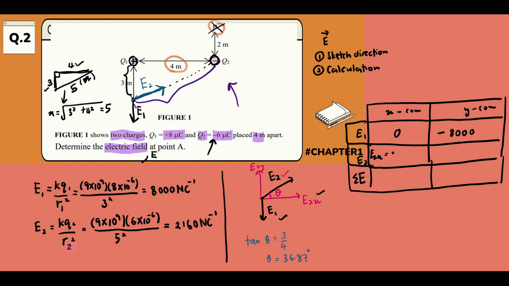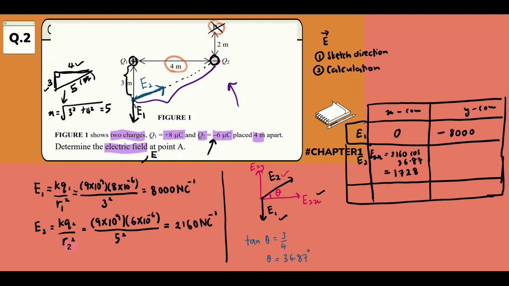So it's 2160 cos 36.87, and you're supposed to have 1728. E2y is going to be 2160 sine, your angle is 36.87.